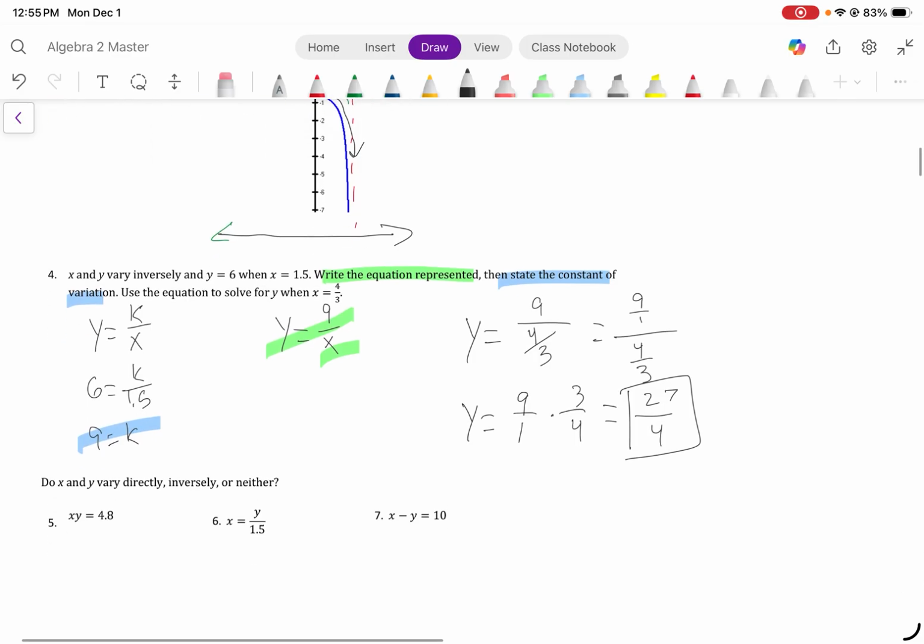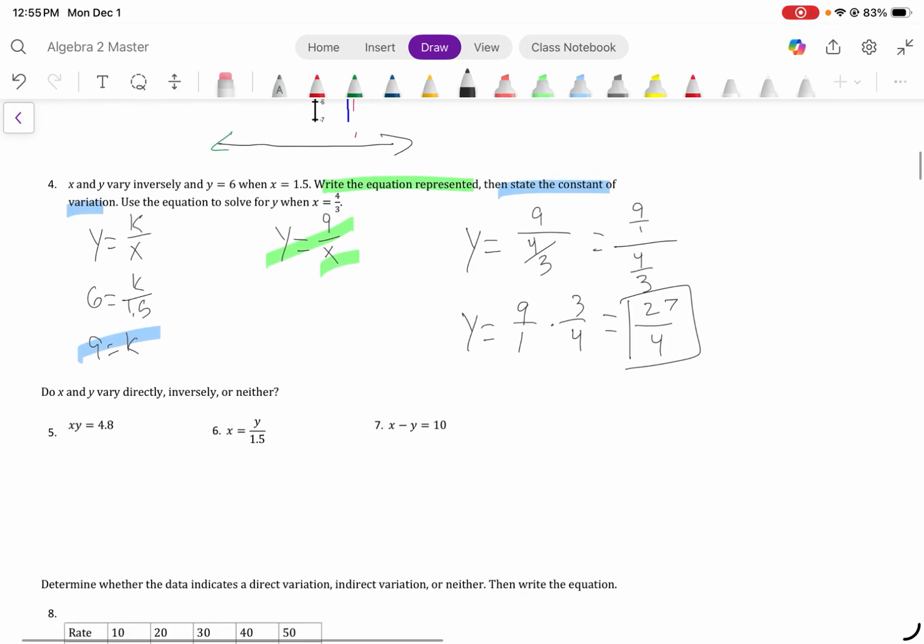We're going to do 5, 6, and 7 really fast too, where we just say directly, inversely, or neither for if these two things vary directly, inversely, or neither. So reminder, directly would be y is equal to kx. Inversely or indirectly would be y is equal to k over x, and neither would be something else.